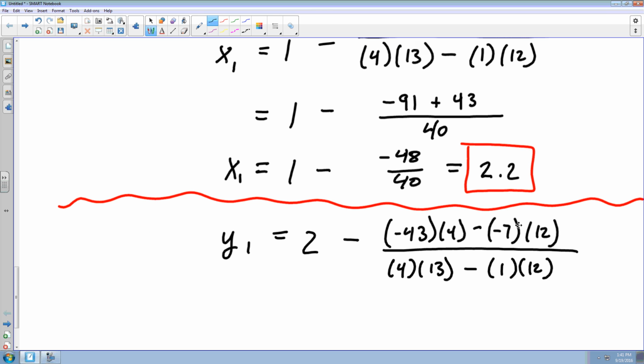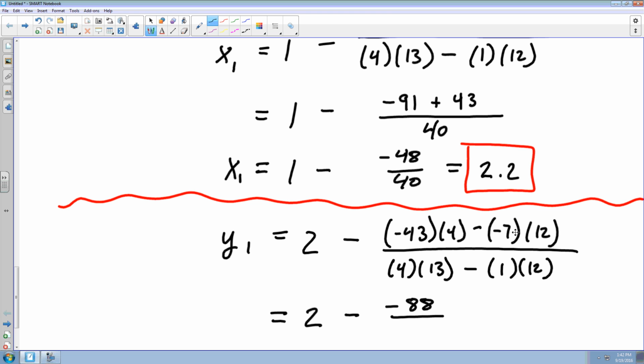So if we do this math, we get 2 minus, okay, 43 times 4. We can do that in our heads, right? 40 times 4 is 160. 3 times 4 is 12. So isn't that going to be minus 172? And then you're going to add 7 times 12, which is 84. Minus 172 plus 84, what is that, like 88? And minus 88? What's minus 172 plus 84? Is that minus 88? Okay, I was right? Okay. Minus 88.